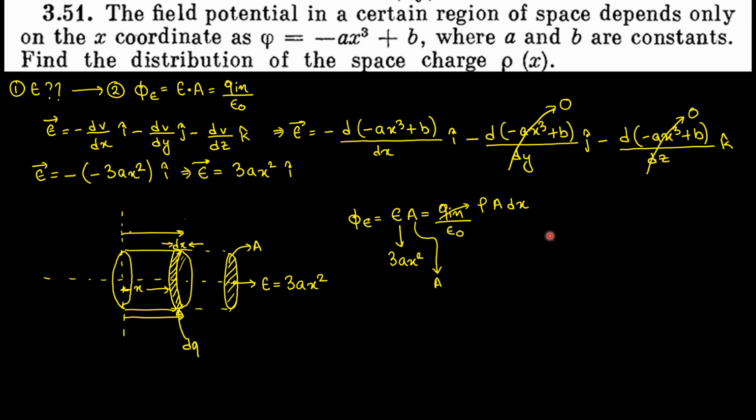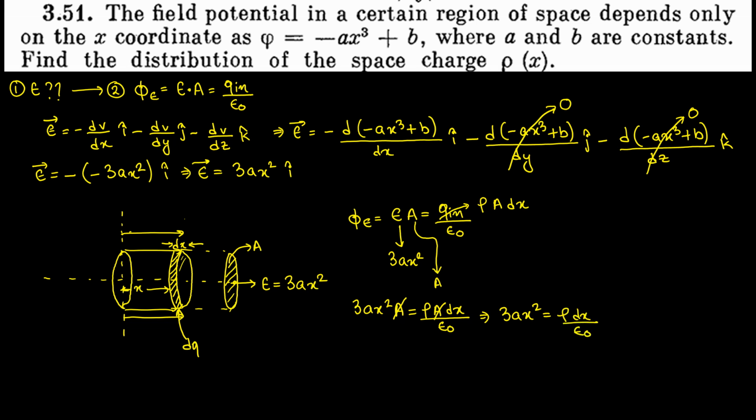If I solve these two equations, I get 3ax square into A is equal to rho A dx by epsilon naught, isn't it? A and A get cancelled. So I'm left with 3ax square equals rho dx by epsilon naught.